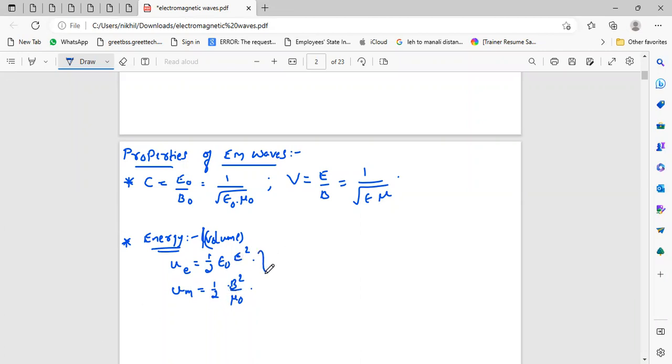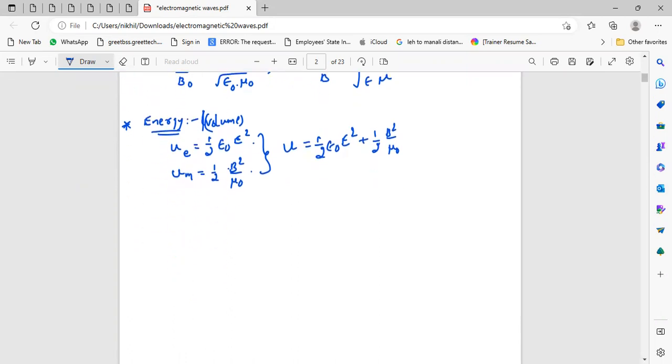Therefore, you can find the total energy of the electromagnetic wave, that is half times epsilon naught into E squared plus half times B squared divided by mu naught. So that is the total energy in the case of electromagnetic waves.